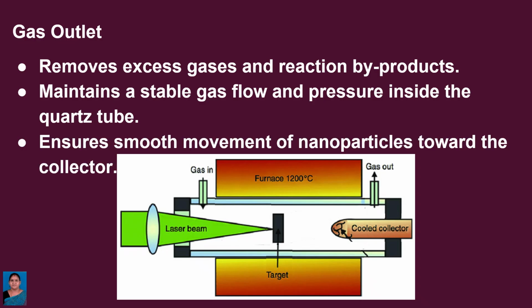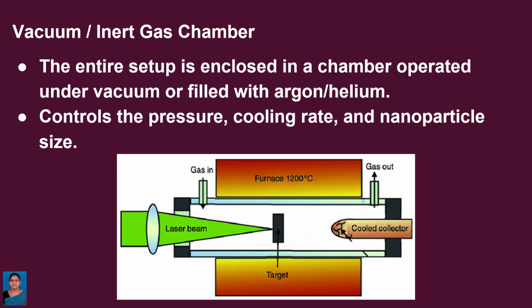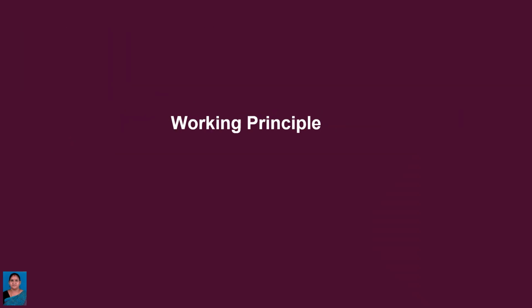Gas outlet ensures smooth movement of nanoparticles toward the collector. Vacuum or inert gas chamber: the entire setup is enclosed in a chamber operated under vacuum or filled with argon or helium. It controls the pressure, cooling rate, and nanoparticle size.